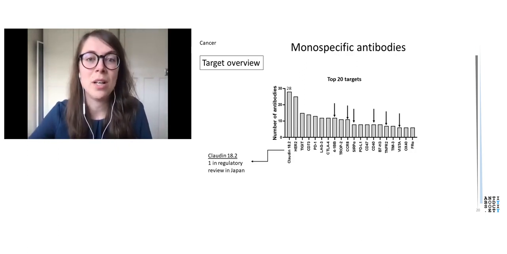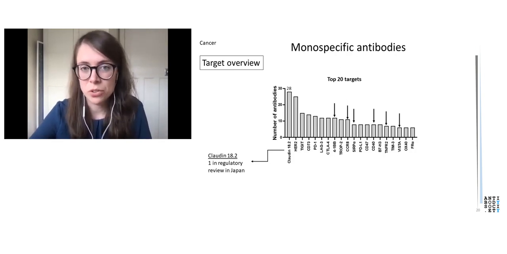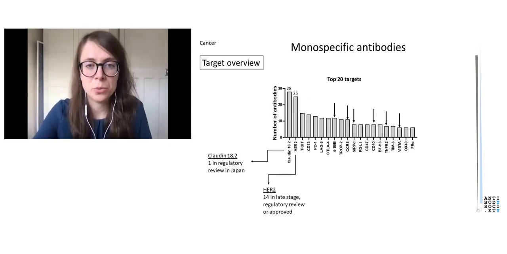And also, interestingly, most of these antibodies have entered clinical studies after 2019. So it's also quite novel and apparently had a lot of success. And this is followed by HER2. HER2 has a totally different story. So the first antibody against HER2 has been approved in 1998, and there are 14 antibodies already in late stage regulatory review or approved.